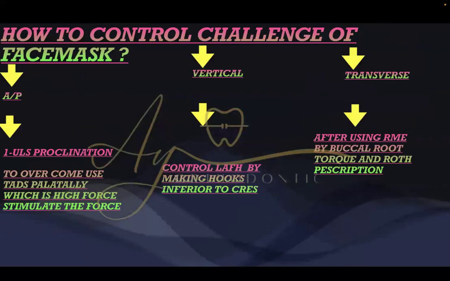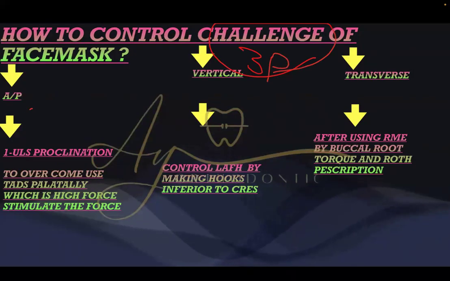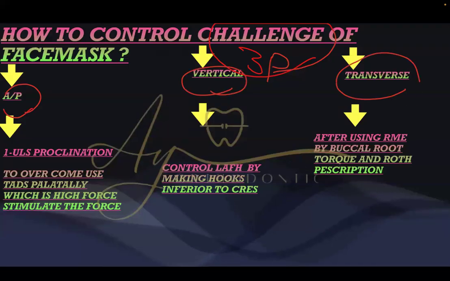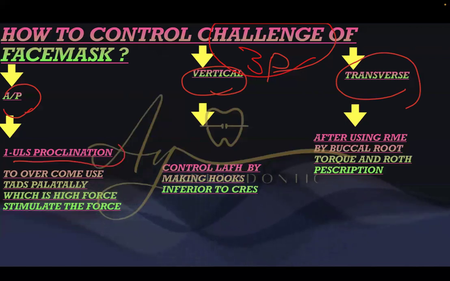The challenges, as I have mentioned, we are going to talk in 3 planes: AP, vertical, and the transverse, right? Okay, AP, what are the challenges? Upper labial segment proclination, okay, which leads to shallowing of the palate more.